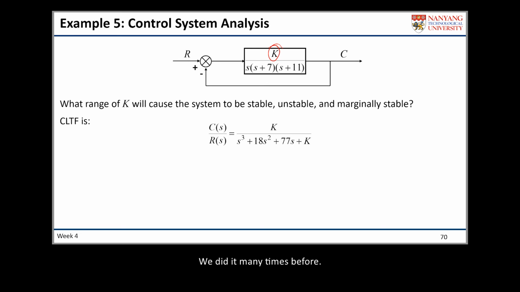We did it many times before. So closed loop transfer function will be equal to the forward loop transfer function divided by 1 plus open loop transfer function. In this case, of course, the open loop transfer function is equal to the forward loop transfer function.